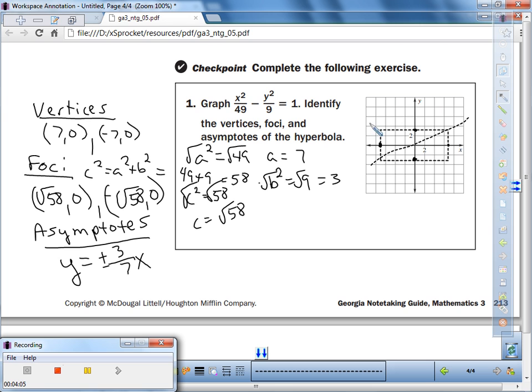So that's one asymptote, and that's the other asymptote. Now we have to draw in our hyperbolas coming from the vertex. So that's one branch, and this is the other branch. Okay, and so that's graphing our hyperbola.